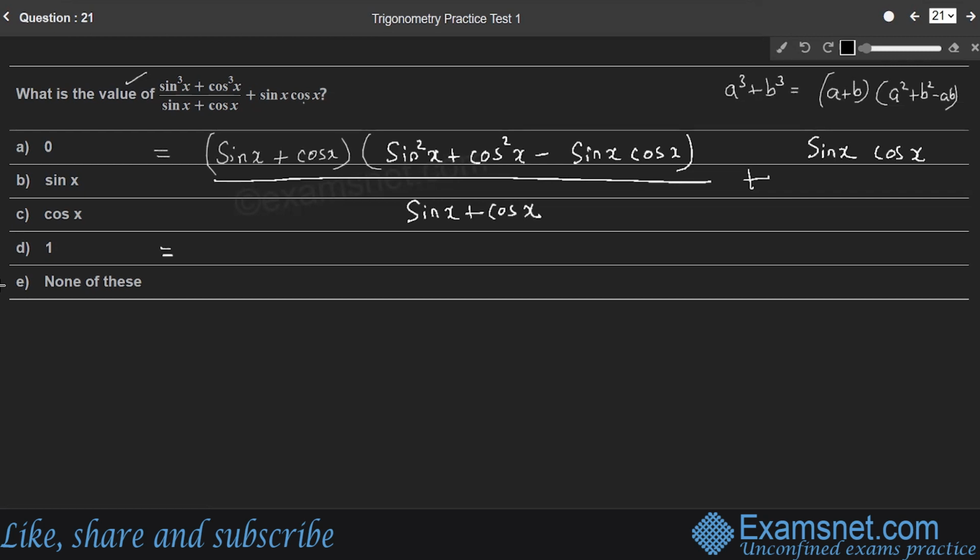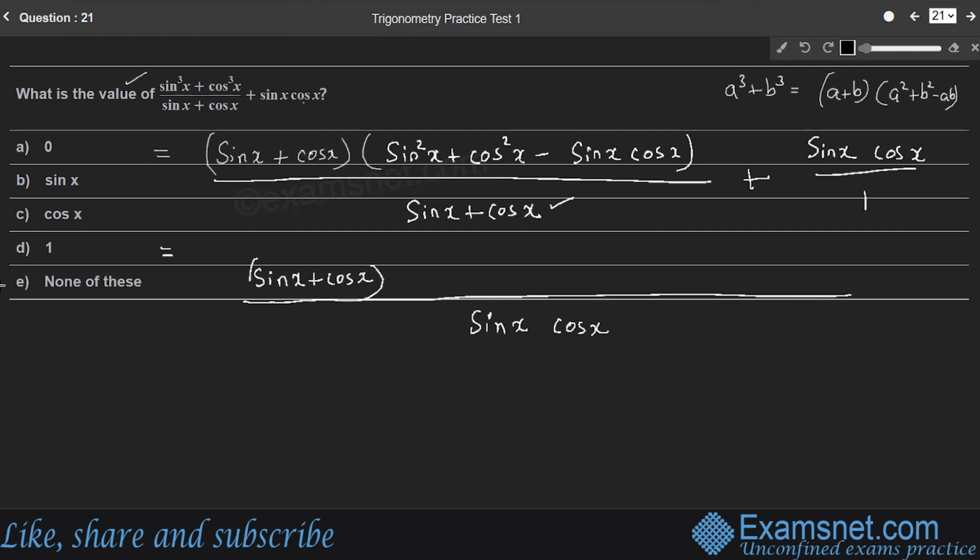So let us take the LCM of the denominators. Here the second term has denominator 1. LCM of the denominators is sin x into cos x. And the numerator becomes, the first numerator as it is, sin x plus cos x, into sin square x plus cos square x, which is 1, minus sin x into cos x.